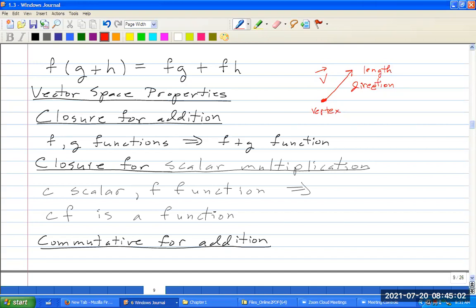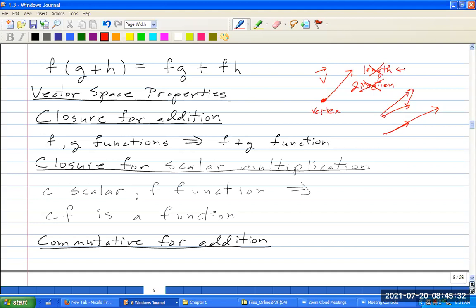Well, it turns out that a direction and a length aren't that important. Just the algebraic properties, where you can add two vectors and get a third vector, and you can take a vector and stretch it. Those are the two important facts, the algebraic facts.